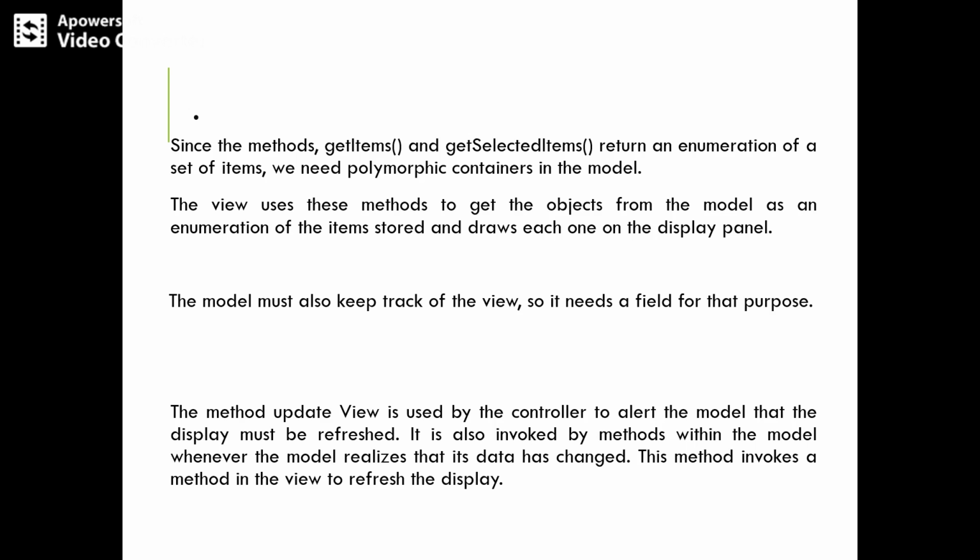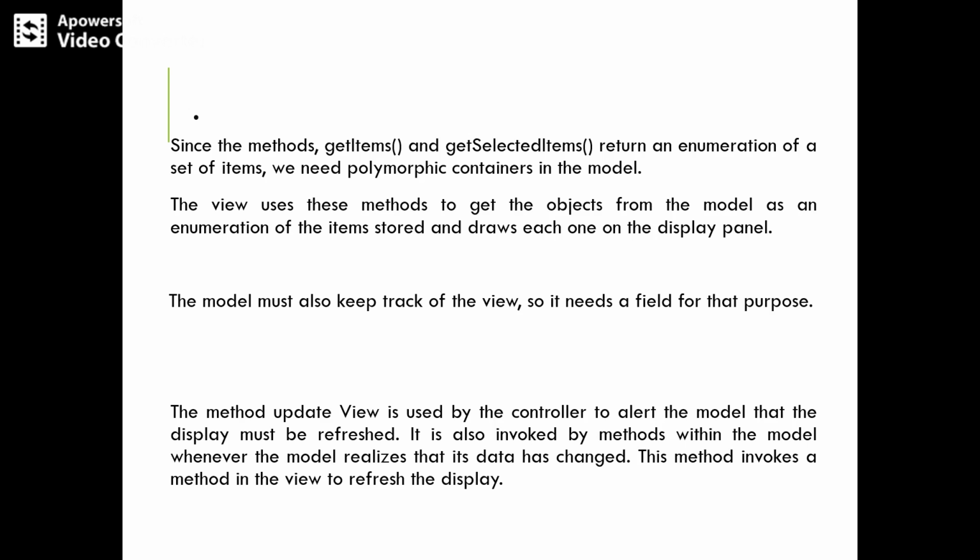So to conclude, the view uses this method to get the respective objects from the model, which has an enumeration of the items stored, and always draws them on the display panel.